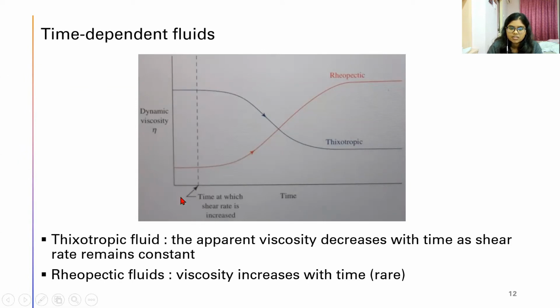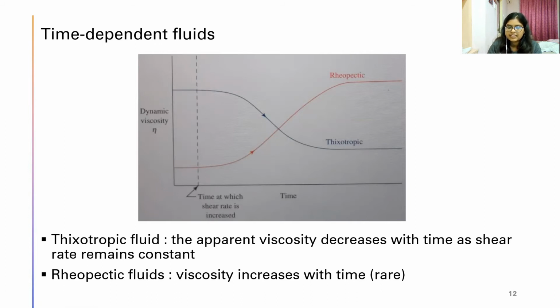The y-axis here is the dynamic viscosity and the x-axis here is the time. The left part of the curve shows stable viscosity when shear rate is not changing. When the shear rate changes, the apparent viscosity also changes.